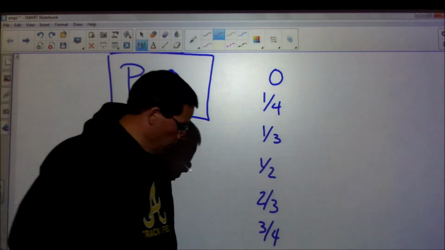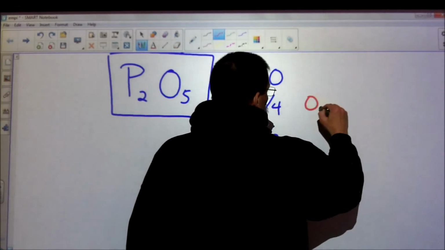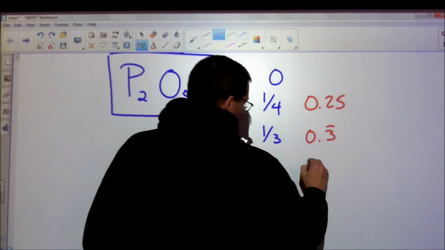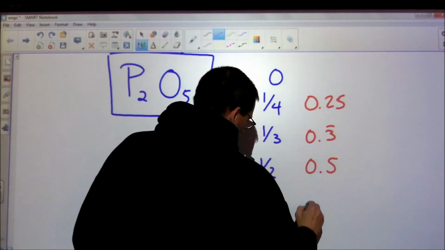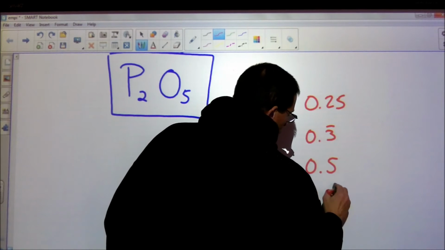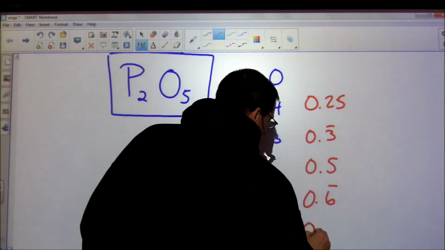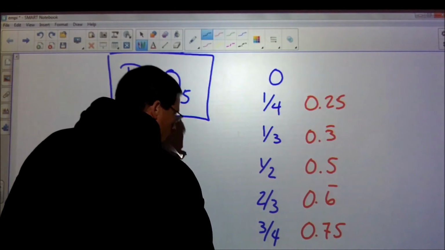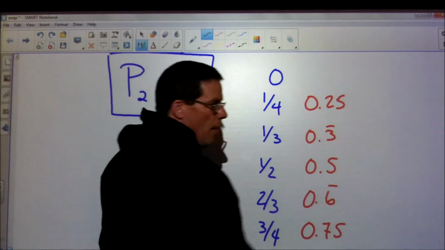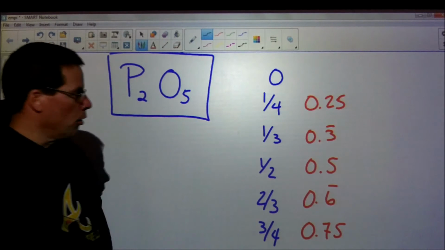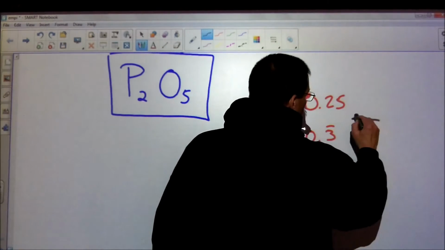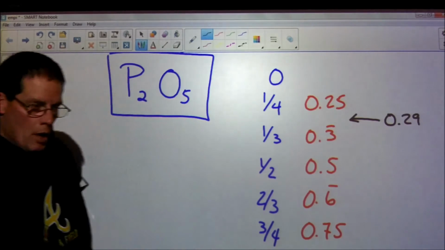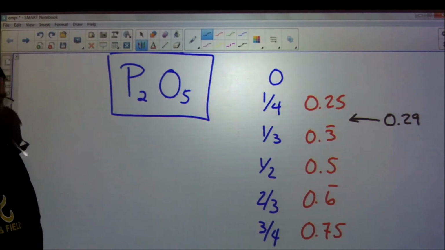If that doesn't ring a bell, this is 0.25, this is 0.3 repeating, this is 0.5, this is 0.6 repeating, and this is 0.75. The good news is I will never give you a value where, if you calculate it correctly, you get a decimal like 0.29. That's not going to happen, and if it does, you messed up on your calculation.